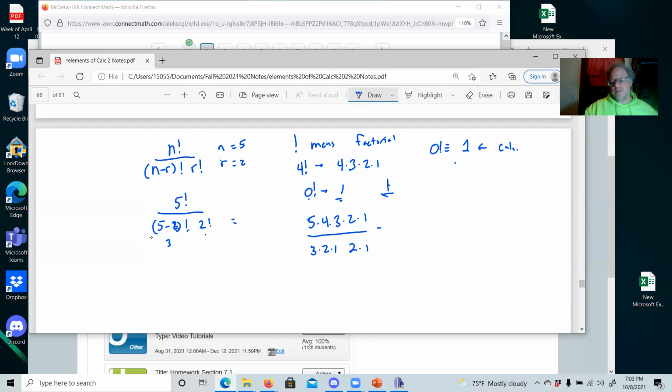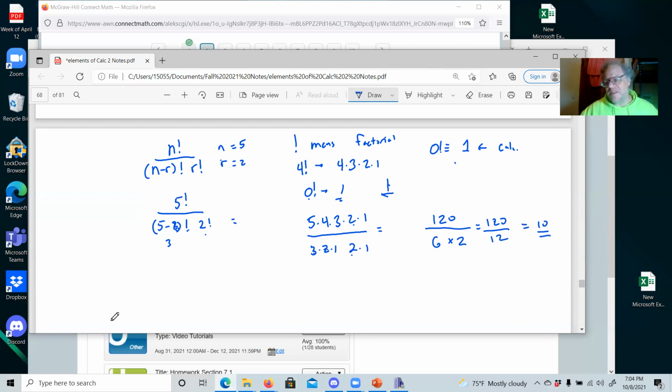So let's do some of this. 5 times 4 is 20. 20 times 3 is 60. 60 times 2 is 120. 3 times 2 times 1 is 6. 2 times 1 is 2. So that's 120 over 12, which is equal to 10.